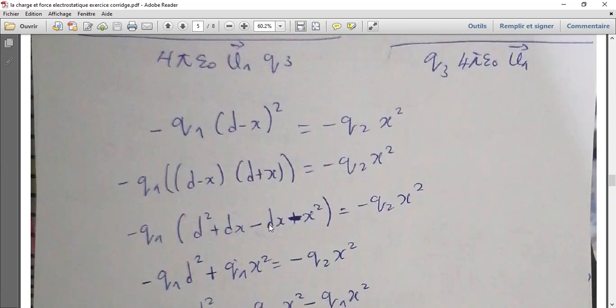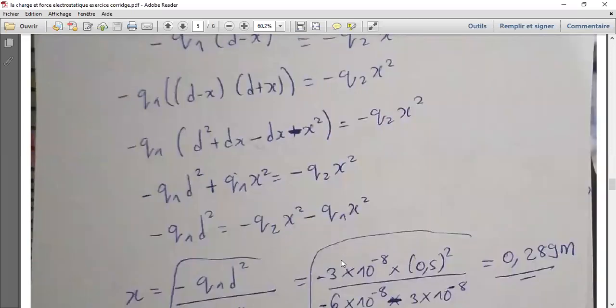Then the dx terms cancel out because one is positive and one is negative, so they give 0. So we only remain with d squared minus x squared. So negative q1 times d squared gives negative q1 d squared. Negative q1 times negative x squared gives positive q1 x squared, which is equal to negative q2 x squared.